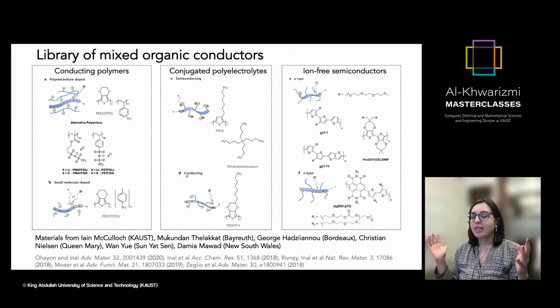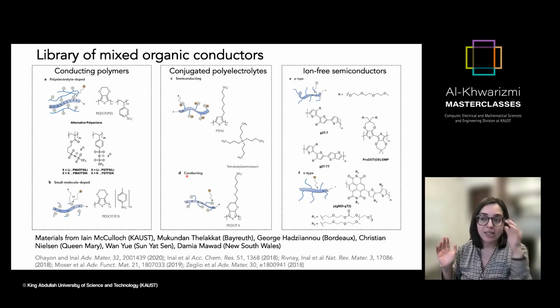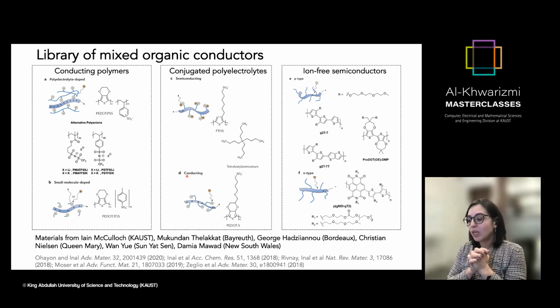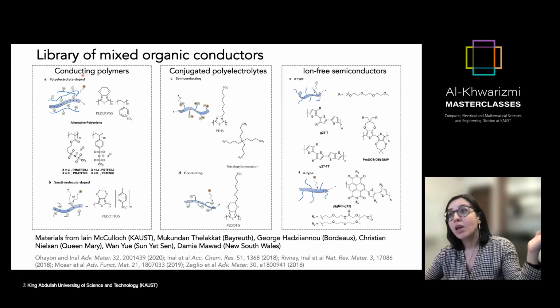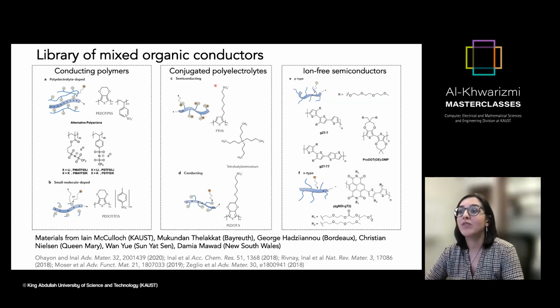Now, I think this is the last slide that will allow me to finish. Printing technologies are amazing, but I think the trick is really in the library of materials that we use. For instance, we have very different polymers with very different properties that we can use in devices that we generate with photolithography.